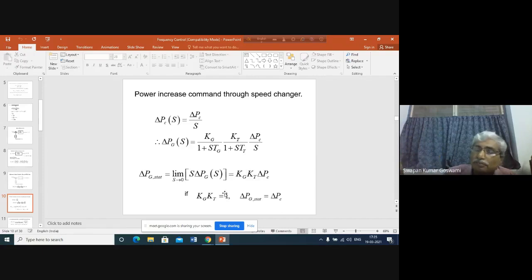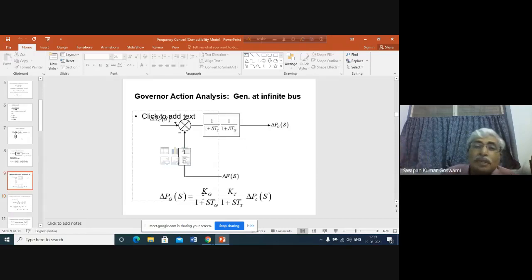If you connect a small generator to a large power system, it is equivalent to a generator connected to an infinite bus, because with respect to the power system, the capacity of the generator is very small. Then we say that the power system is behaving as an infinite bus to the generator.